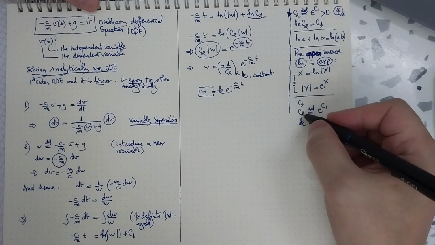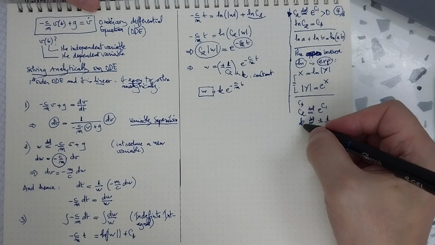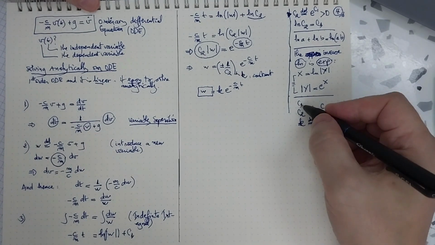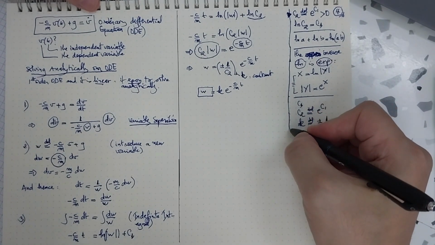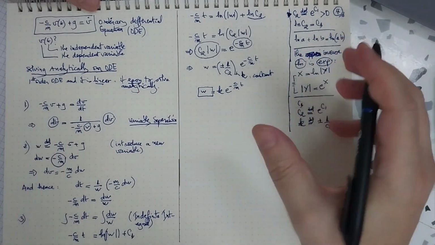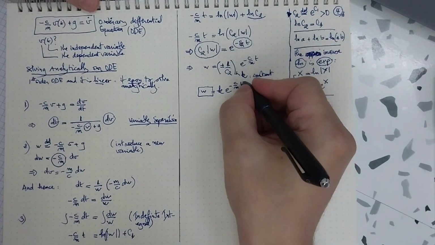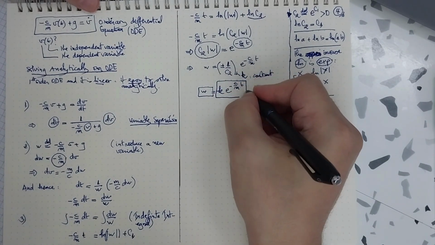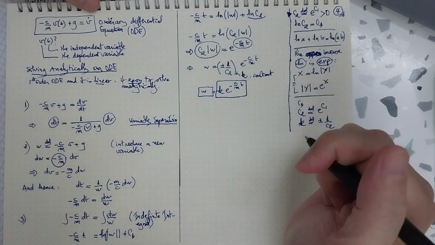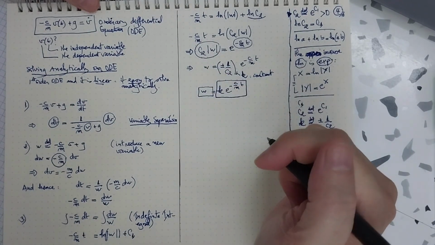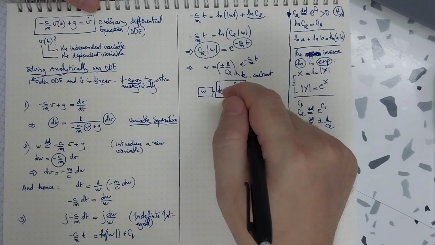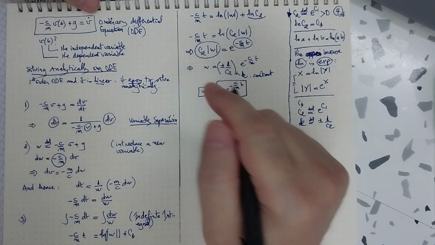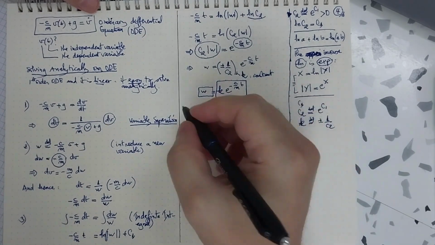If you find C1, we can calculate C2 and find K, and vice versa. If you know K, we can deduce C2 and then C1. So we have one single constant, but in different forms. And our result at this step of reasoning is that. But we need not W, we need V. So our original variable, the velocity.